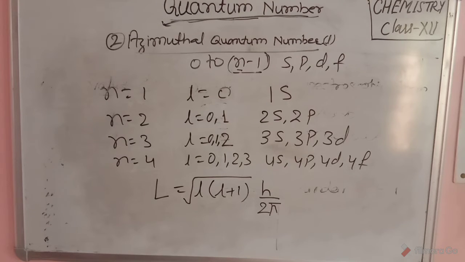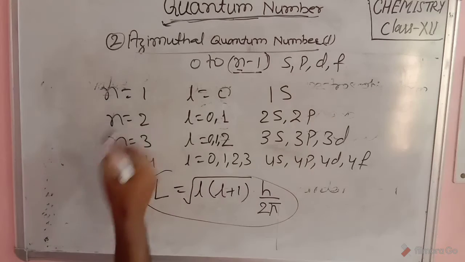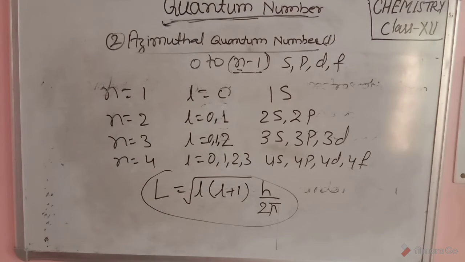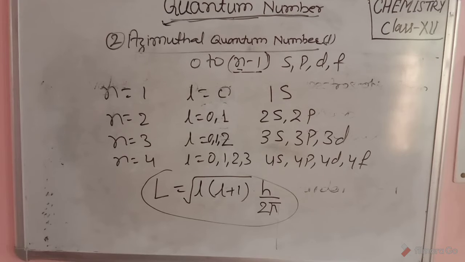So from this formula you can also calculate the value of the azimuthal quantum number, and this is the second quantum number, that is the azimuthal quantum number. Is it clear?